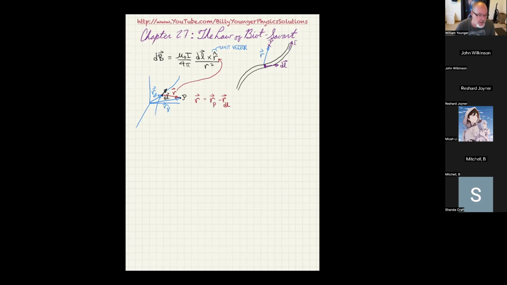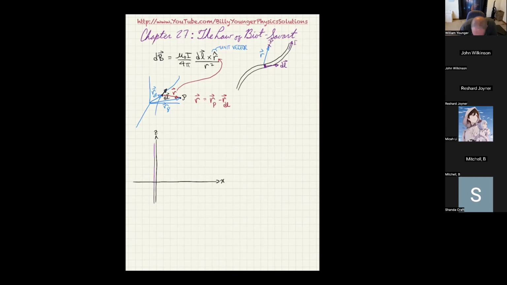I think the bigger part is for you to just figure out how to use this in general. So I'm going to jump right in and do a problem for you. I'm going to draw a coordinate system. That's going to be my x-axis. Let this be my z-axis, just because I can do something that's kind of helpful. Then I'm going to draw my wire.